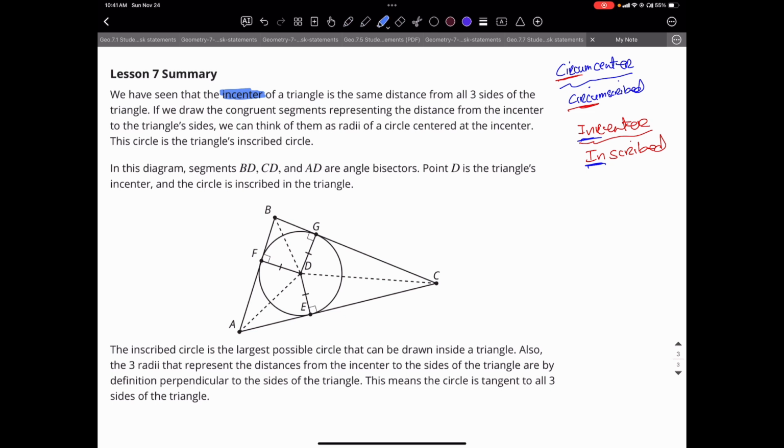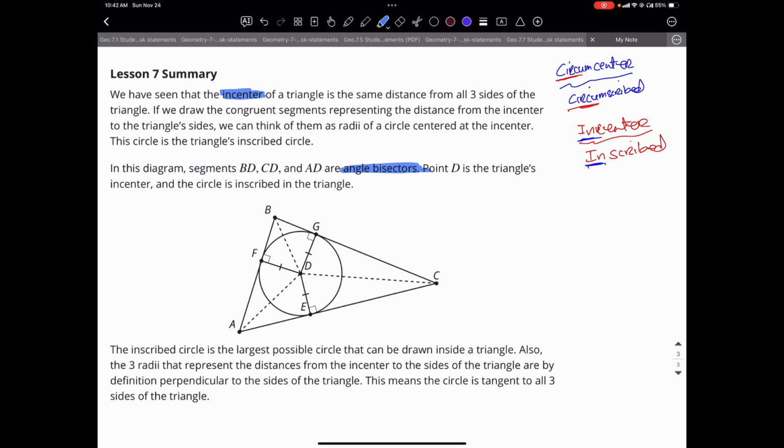To find the incenter to inscribe a circle, we are looking for the angle bisectors, not perpendicular bisectors, where we bisect each angle into two congruent angle measures. So that's going to be a little different. Just want to make sure that's very clear.